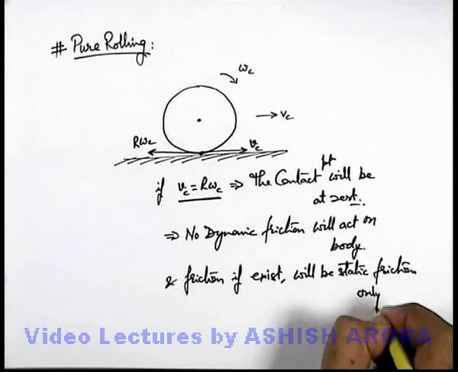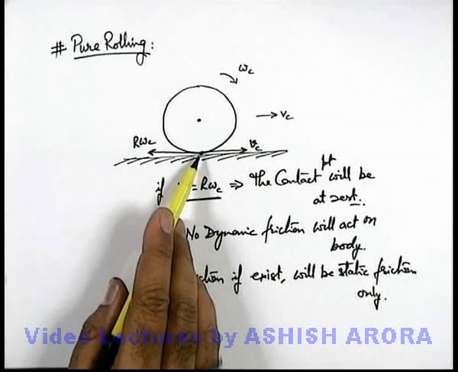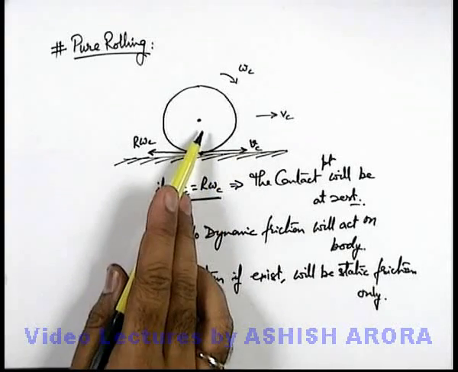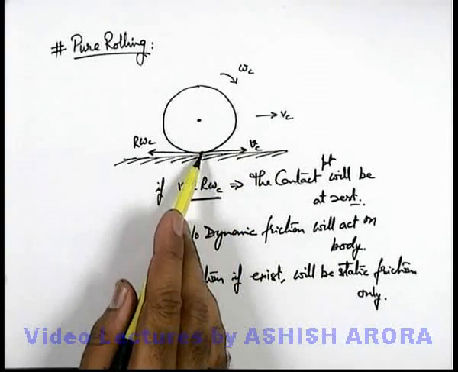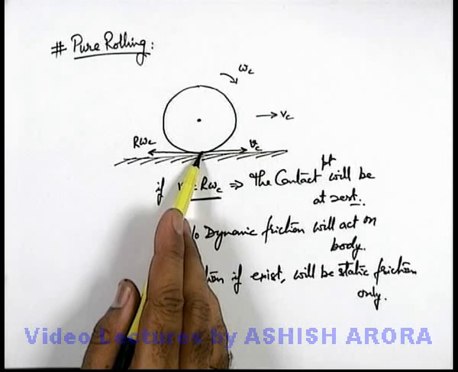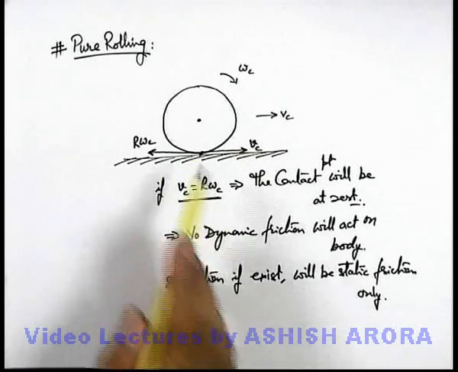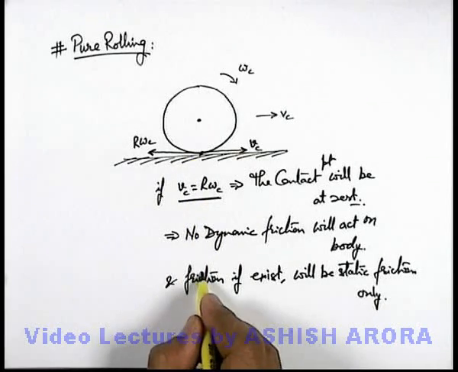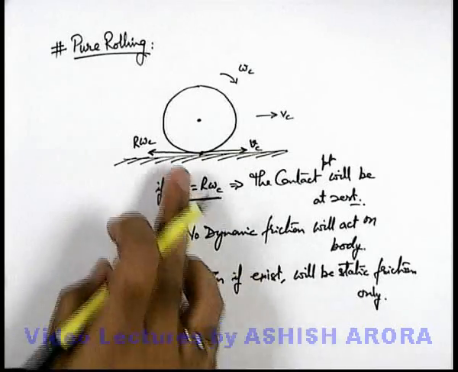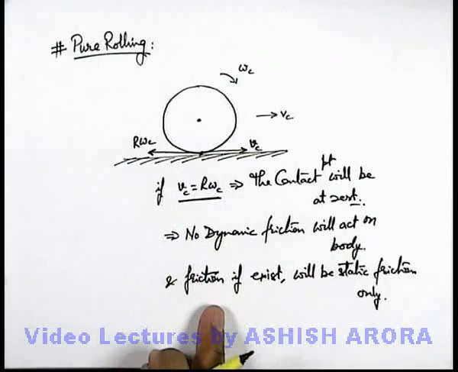If some friction exists due to the presence of external forces acting on the body, at the bottommost point, which is the contact point, no kinetic friction will act, and if some friction is there, it will be static friction only.